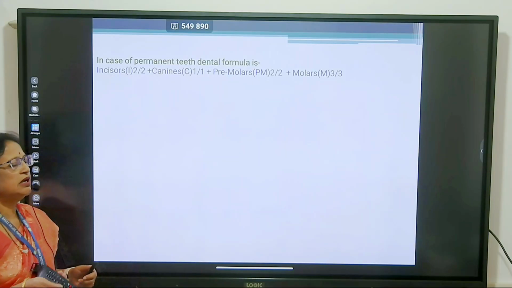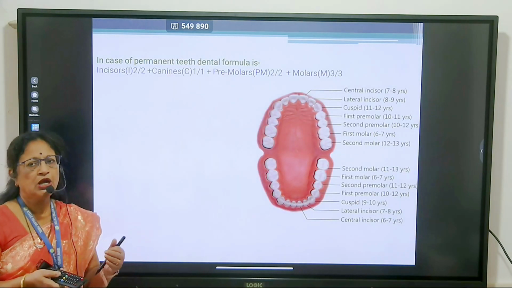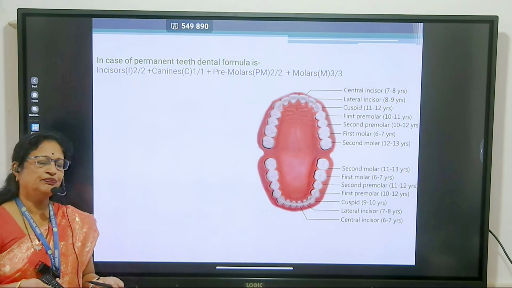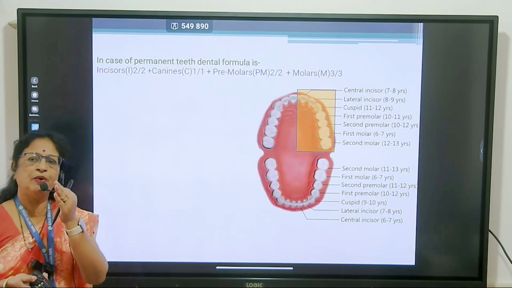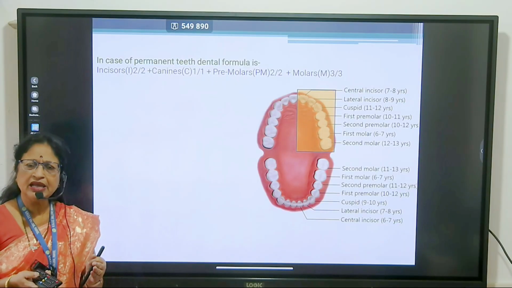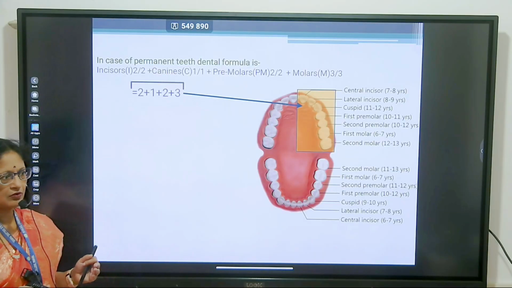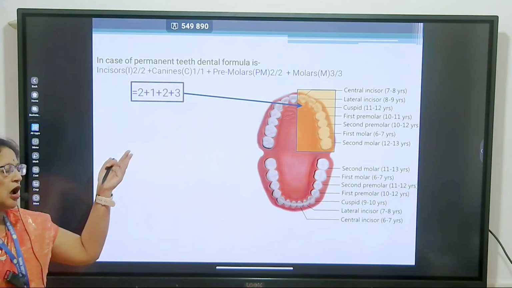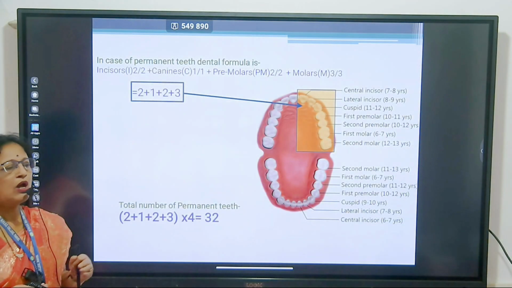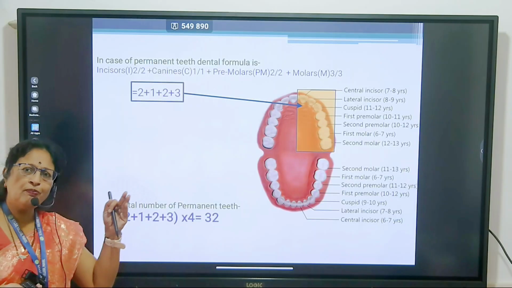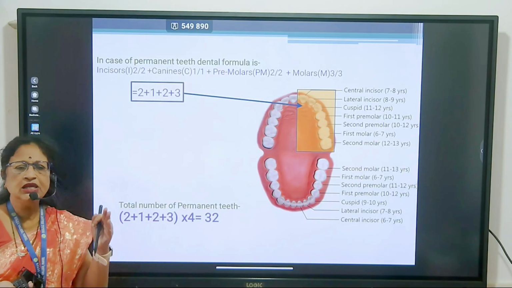Now see the dental formula of the permanent set of teeth. This is the diagram showing the permanent teeth. In the half part of the upper jaw there are two incisors. Now, after that, there is one canine. Then, two premolars, and lastly, there are three molars.